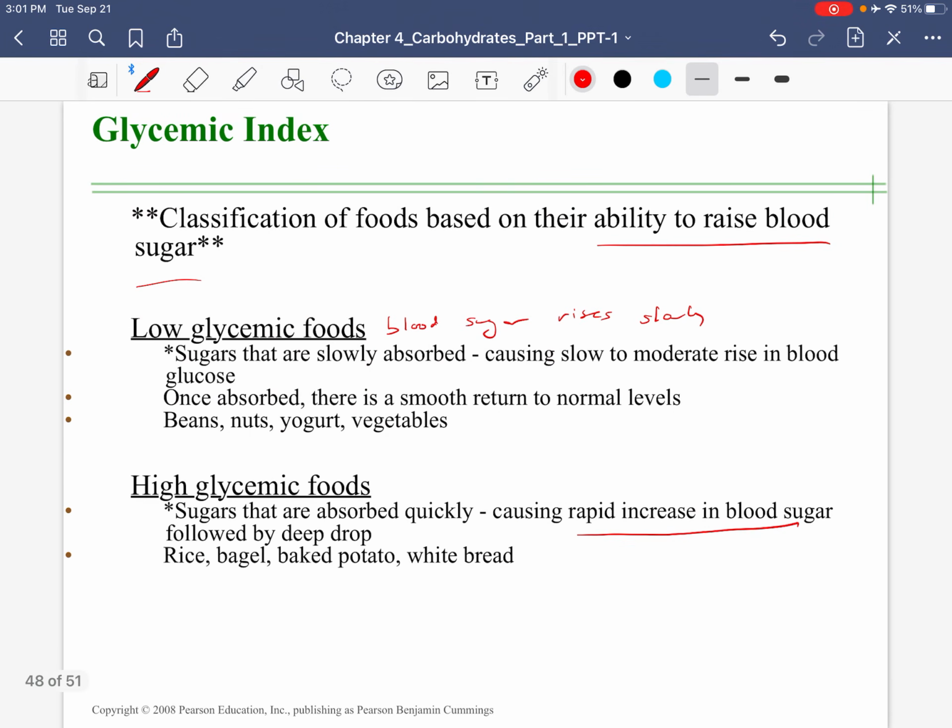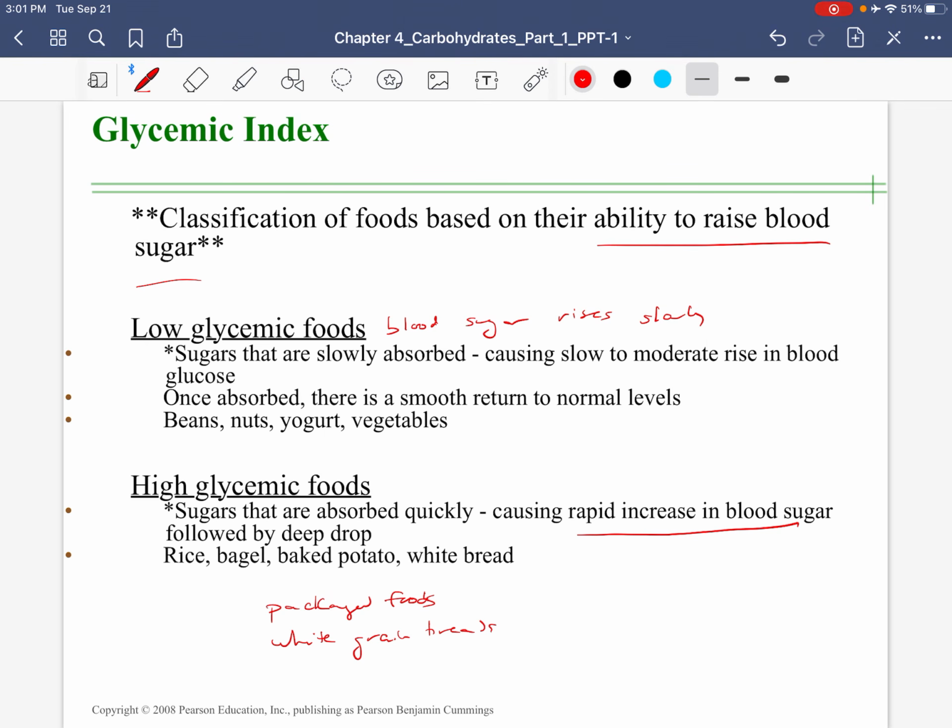Here is a picture of the glycemic scale. I'm not going to ask you any specifics, but think about it. Our high glycemic index foods are our packaged foods, cereal, crackers, cookies, packaged foods, and a lot of our white grain products.